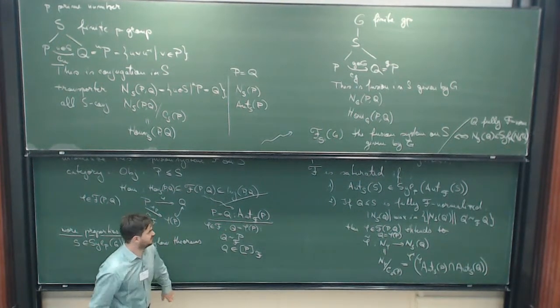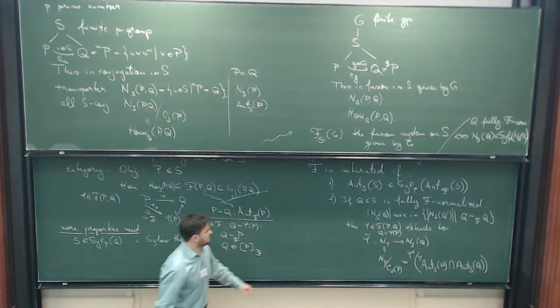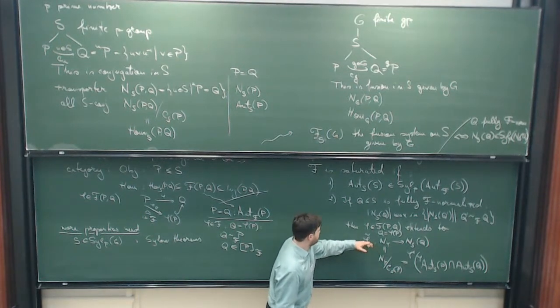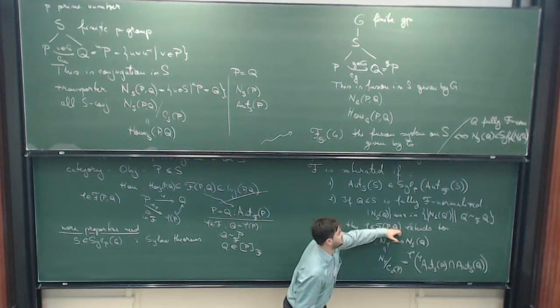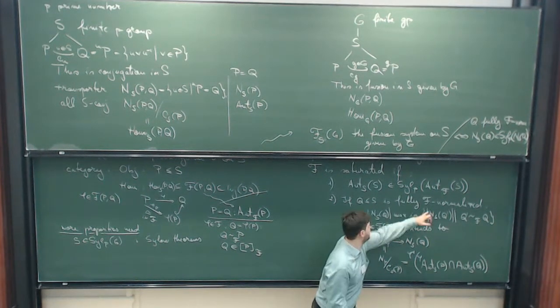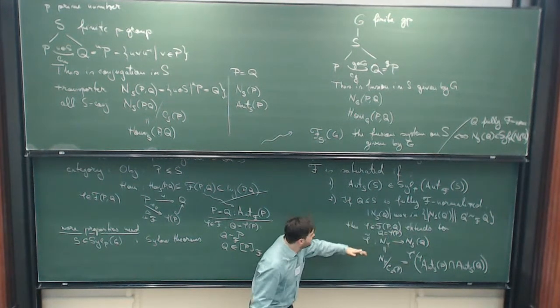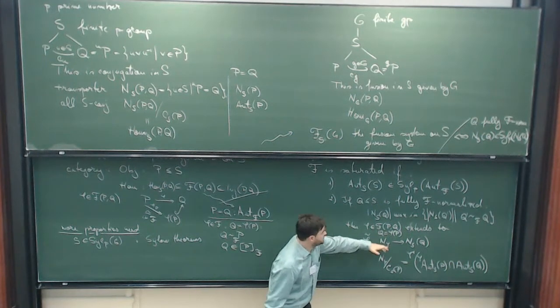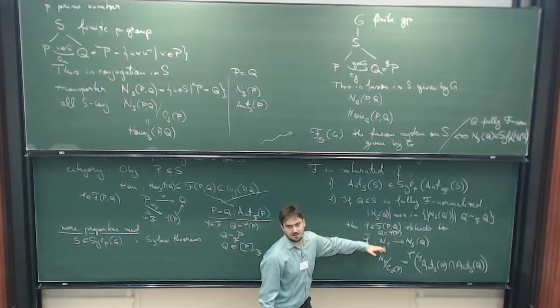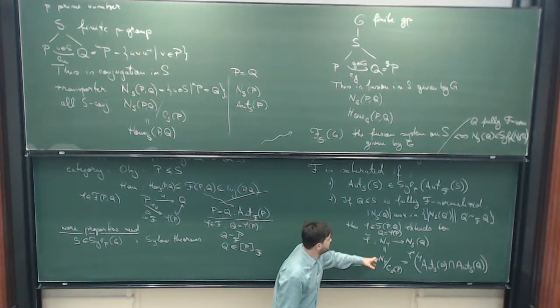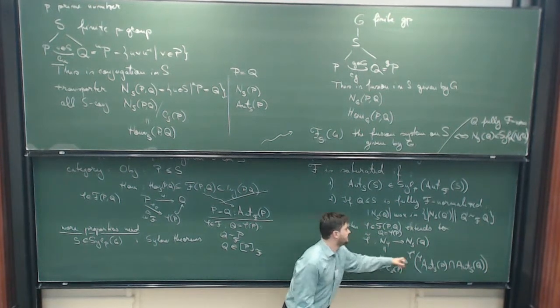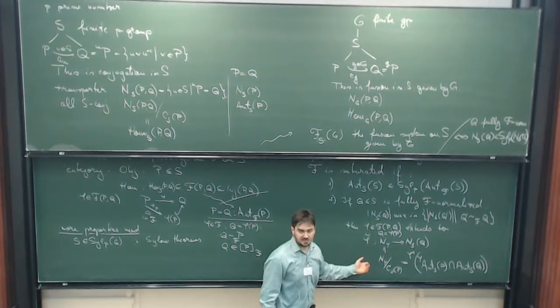The idea is that this morphism going into special subgroups, like those fully F-normalized, extends to the maximal group to which it can extend. So if it extends to something, then this group will have the property that it is contained in this intersection.